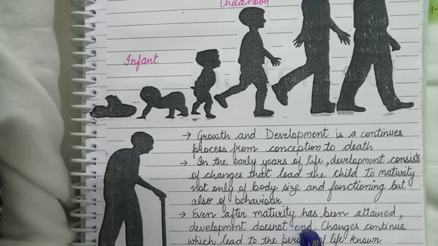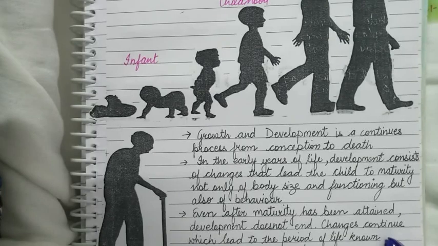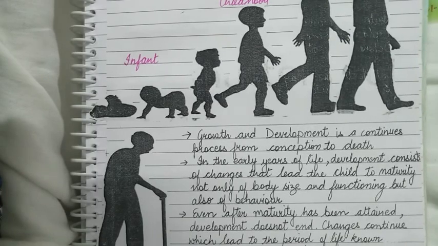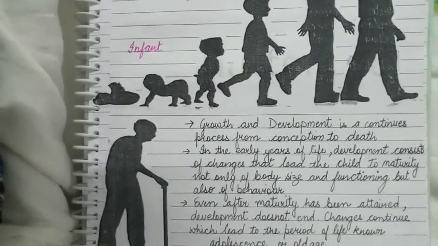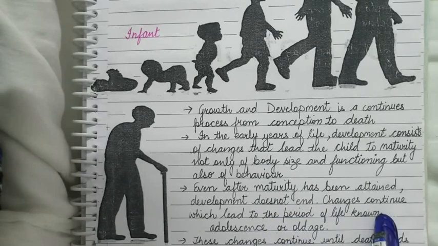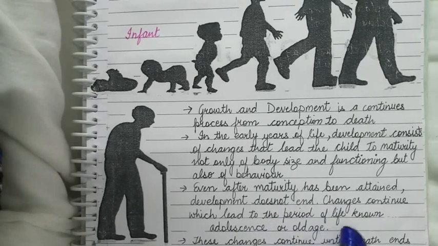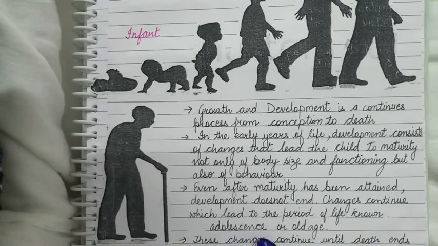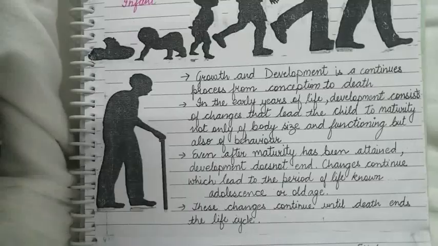Even after maturity has been attained, development does not end. Changes continue, which leads to the periods of life known as adolescence or old age. These changes continue until death ends the life cycle.